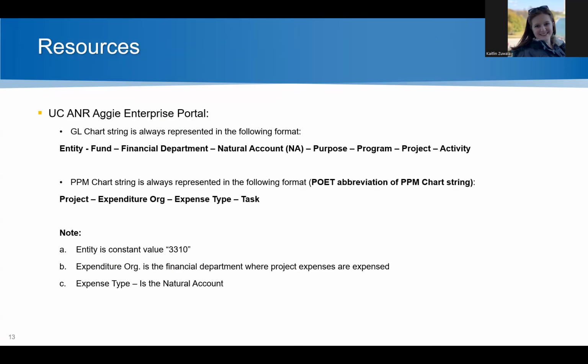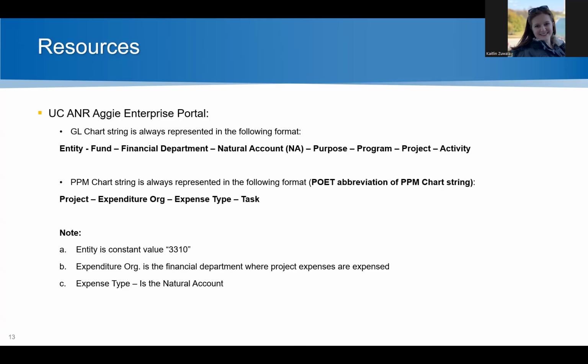So some resources that you're going to be using, so the UCANR Aggie Enterprise Portal. The GL chart string is always going to be represented in the following format, which we already went over. Entity, fund, financial department, natural account, which will vary, purpose, program, project, and activity. And the PPM chart string is always represented in the following format.